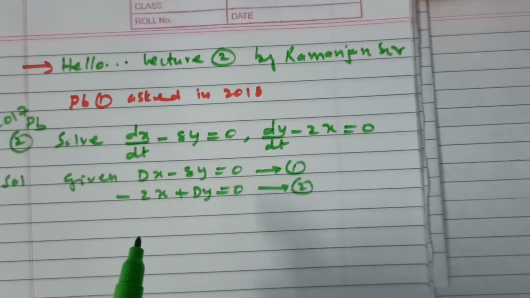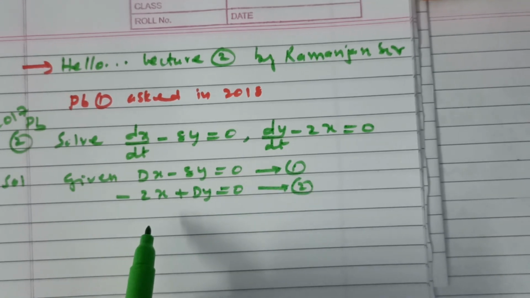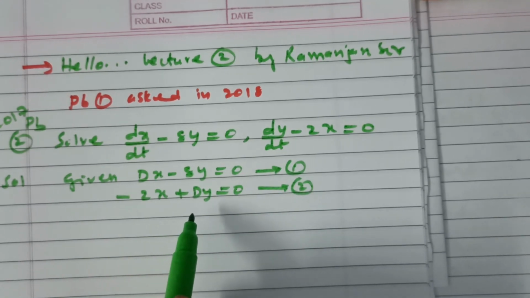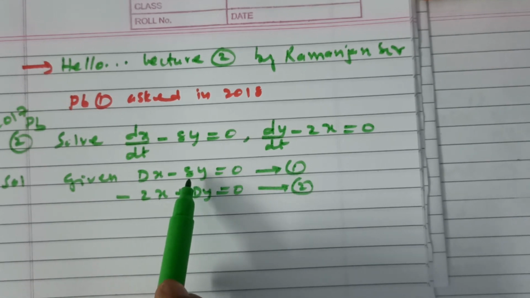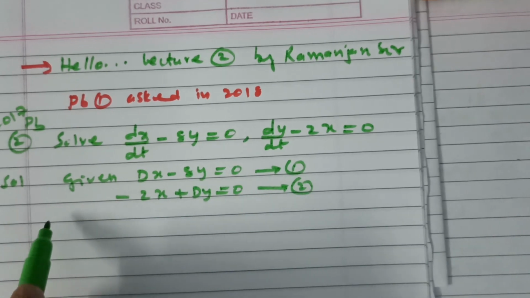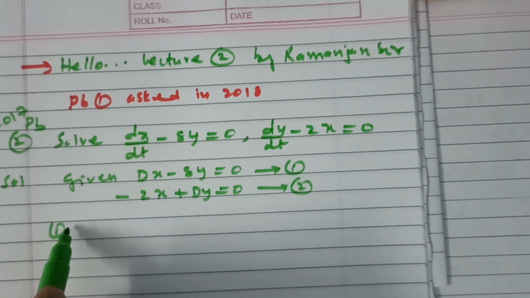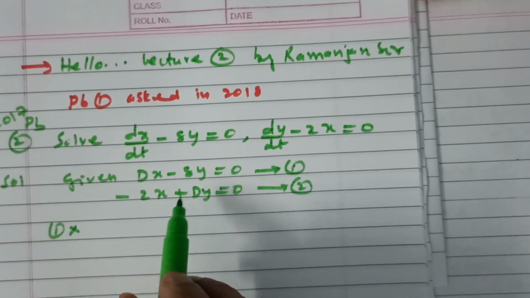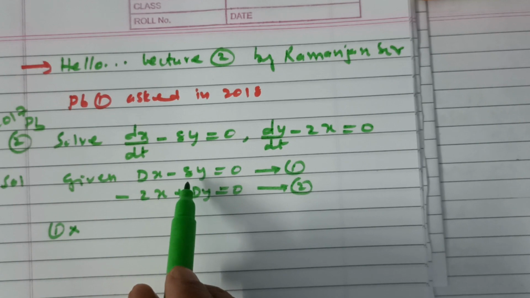To solve these two equations, I can eliminate the y term, so multiply equation 1 by D.